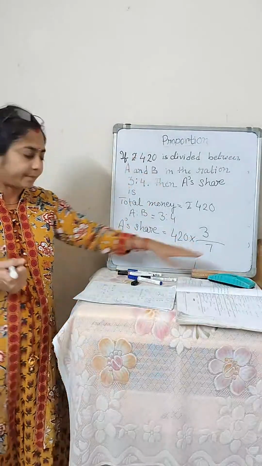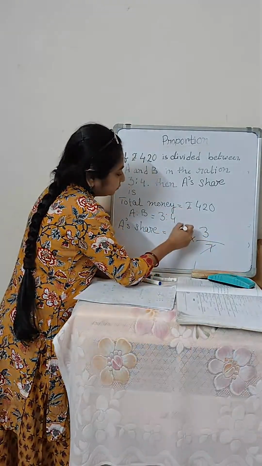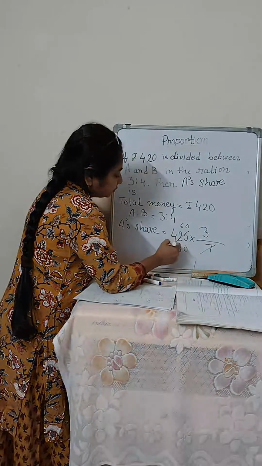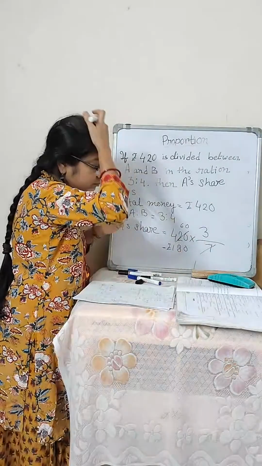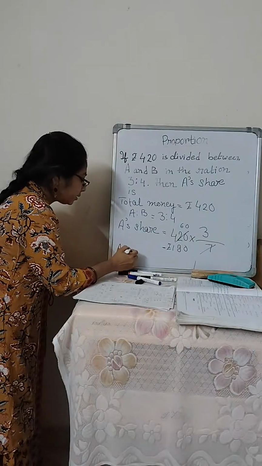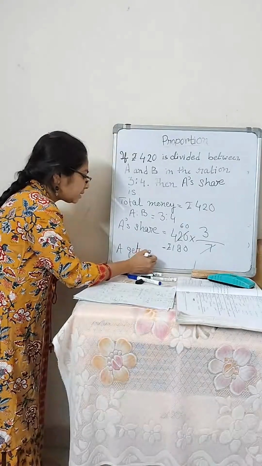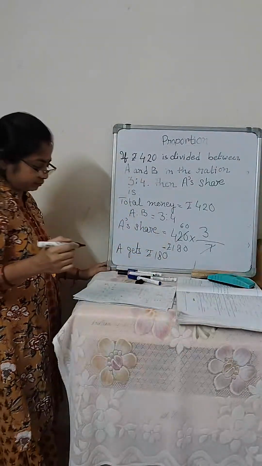This is 7. Now you simplify it. It is 60 into 3, which means 180. Now you write A's share, rupees 180.